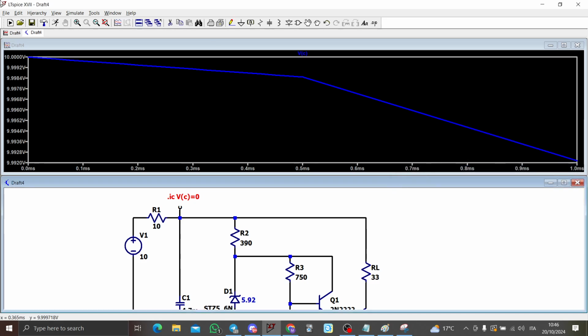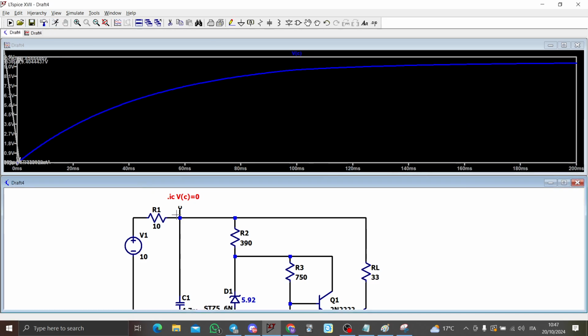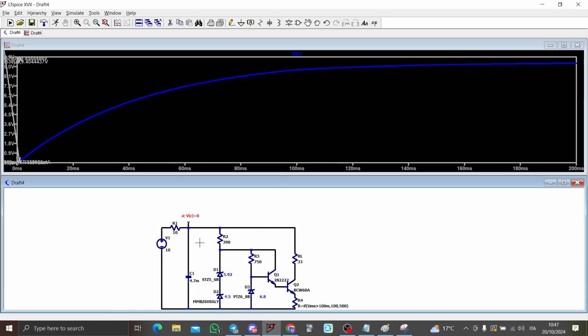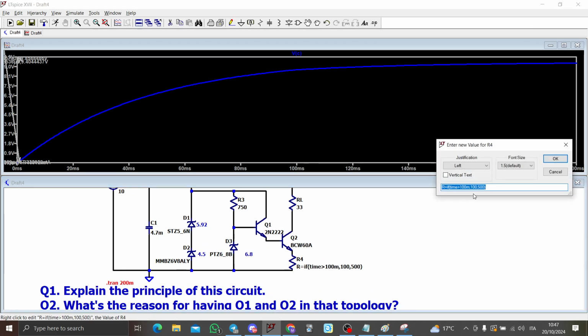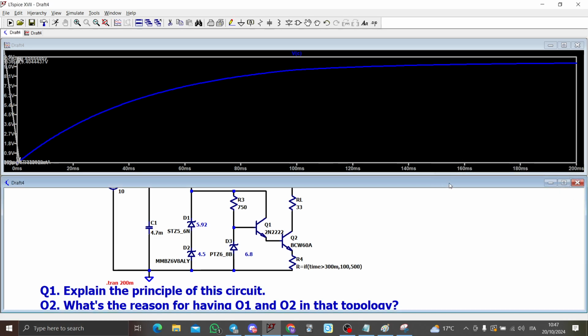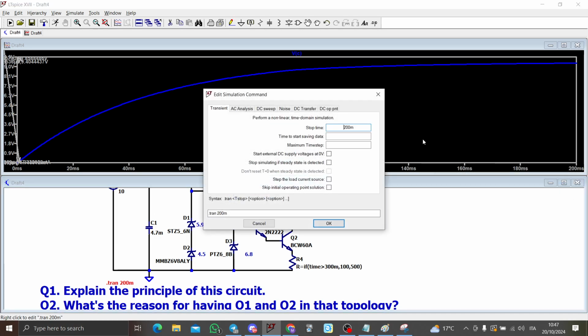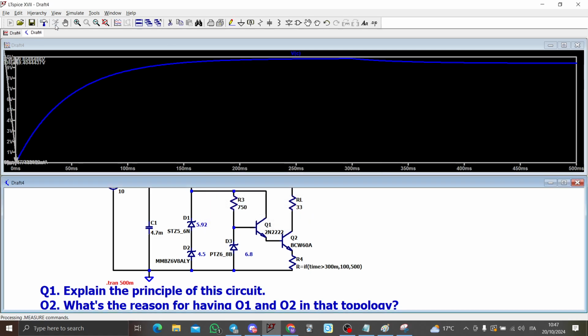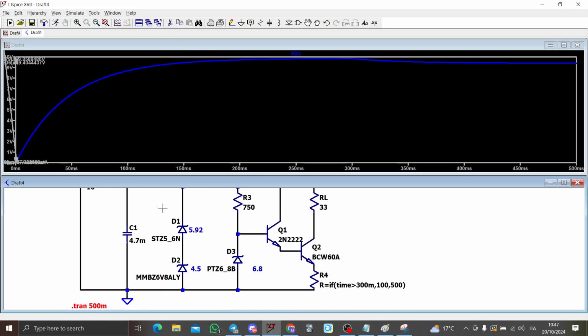The initial condition is kept to 0. Let's see if we can reach that. Okay, in 200 milliseconds we can even more. Even more. Wow. So let me put 500 milli. Okay, now we can see everything.